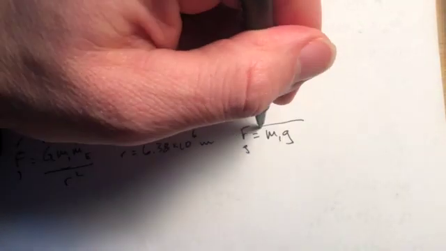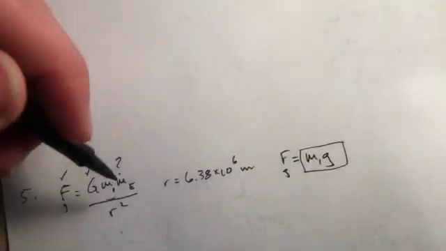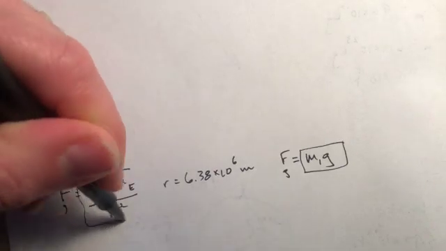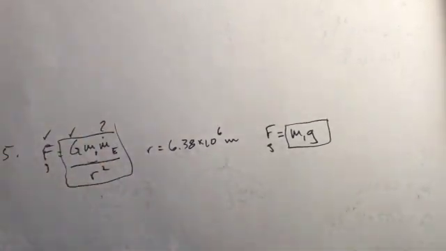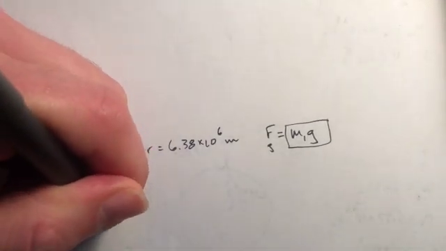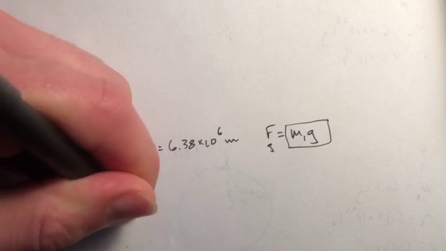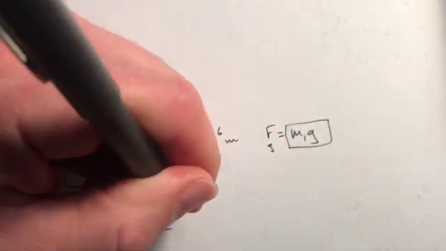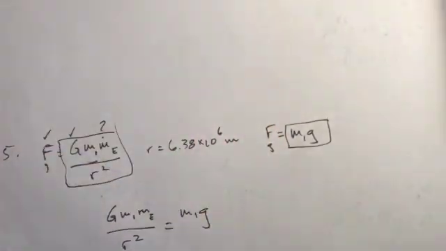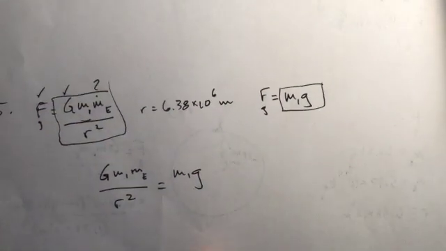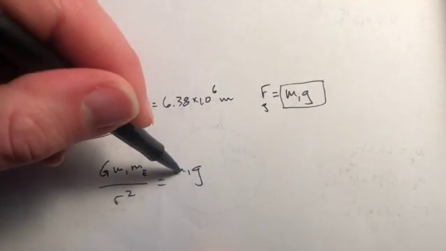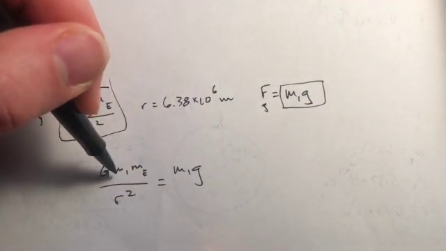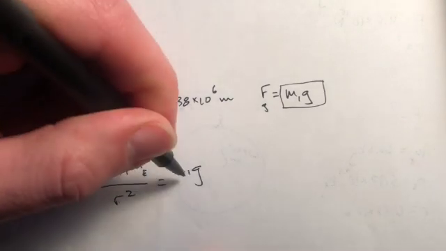So this is equal to this. So let's set them equal. So we're going to go capital G, M1, M Earth over R squared equals M1 times little g. All right, well, M1 is in both parts, right? And it's not being added or subtracted, so we can cancel that.